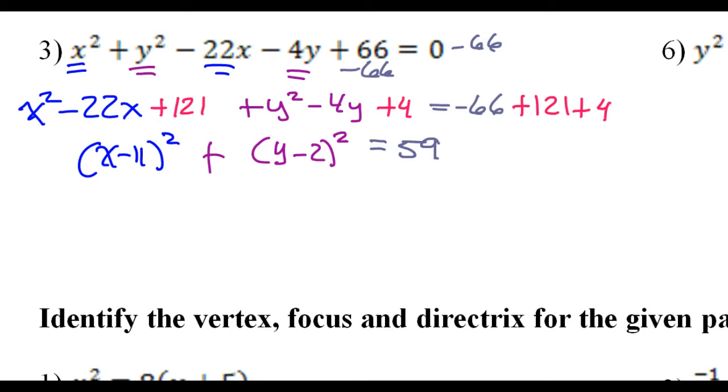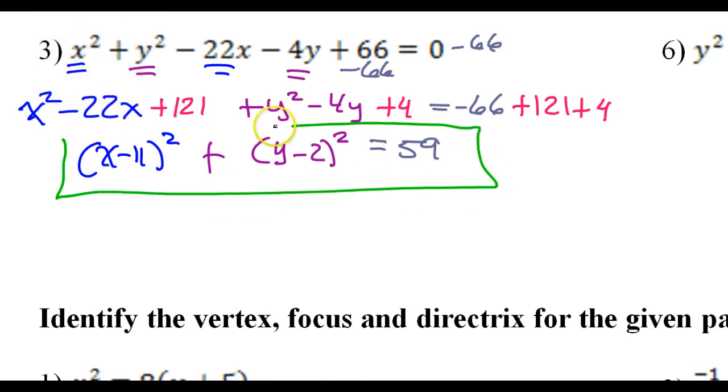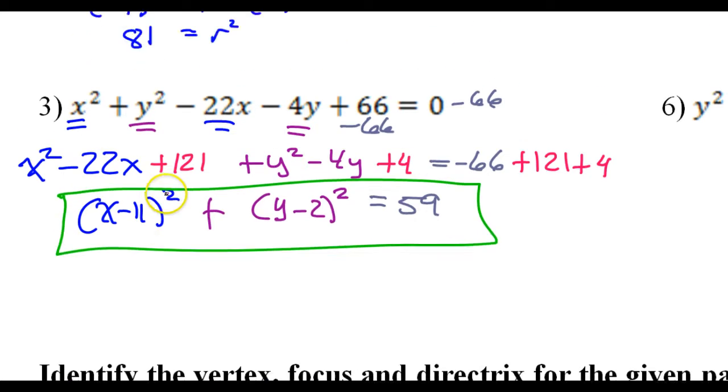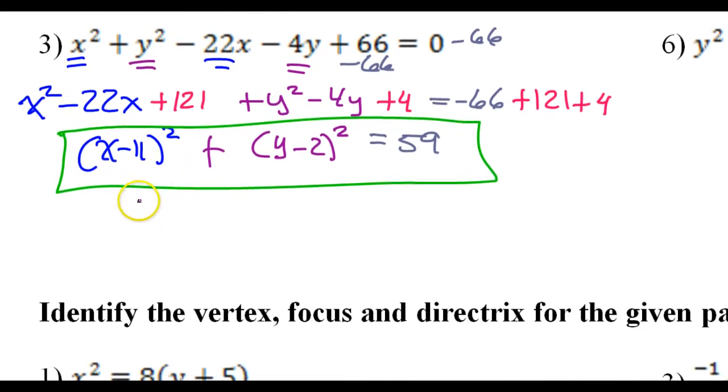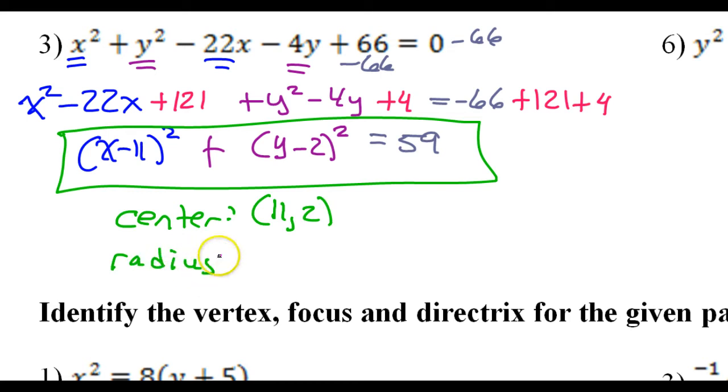And that is it. This is standard form. Now if I were to ask you for the center or the radius, you could tell me, because the center, for example, would be (11, 2). And the radius would be the square root of 59. But I didn't ask you for that this time.